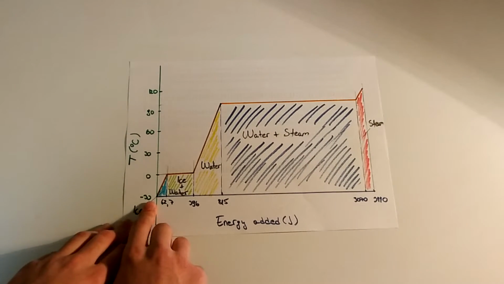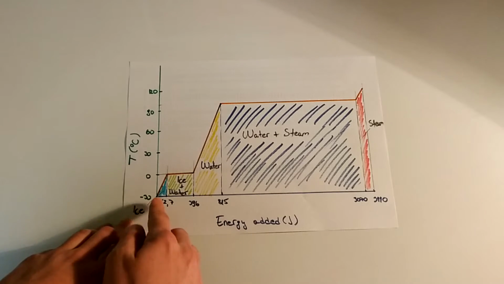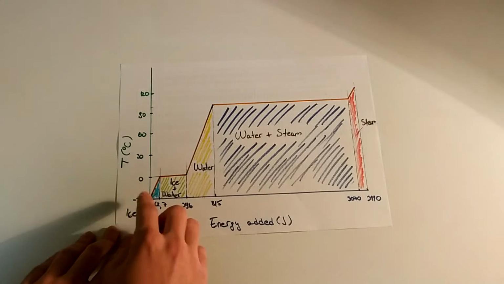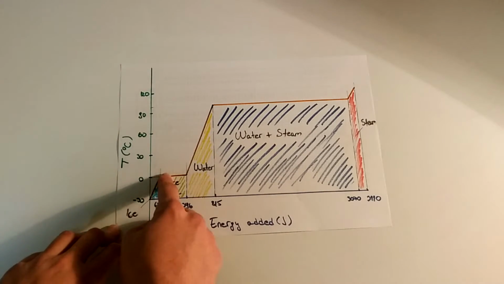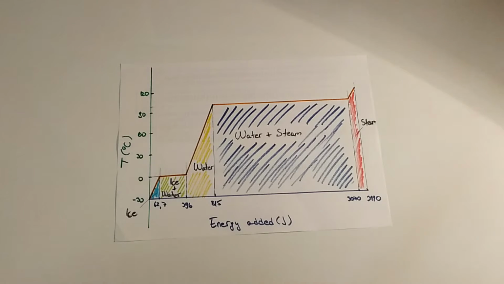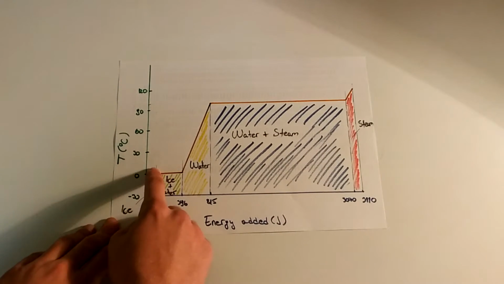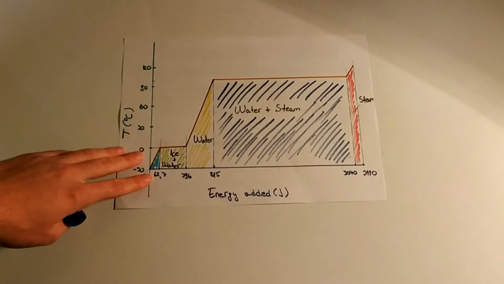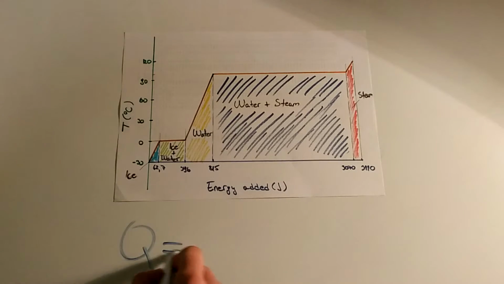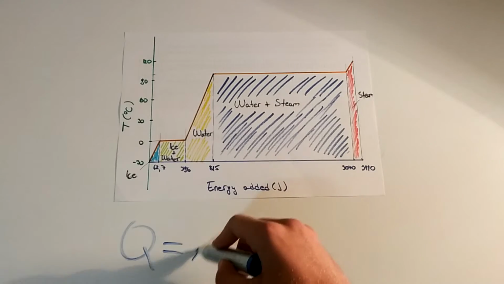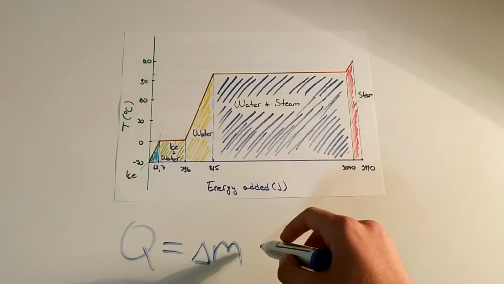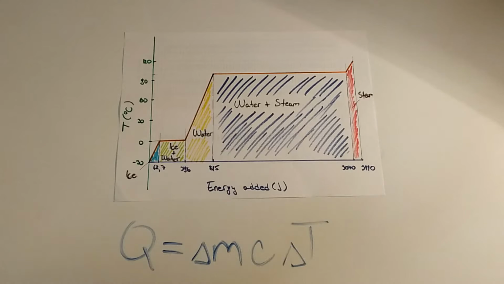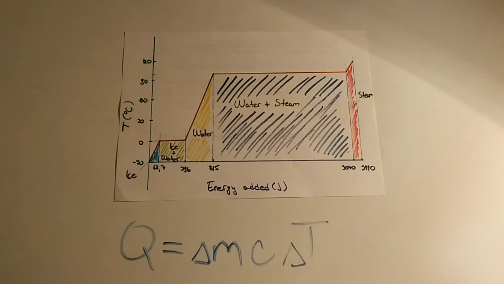Here we're starting to add energy to the ice by heat, and we're raising the temperature of the ice to 0 degrees Celsius. So we have a temperature change, and we can calculate this if we know the specific heat of the ice. The energy needed will be the mass of the ice times the specific heat of the ice times the change in temperature, which will be 30 degrees Celsius.